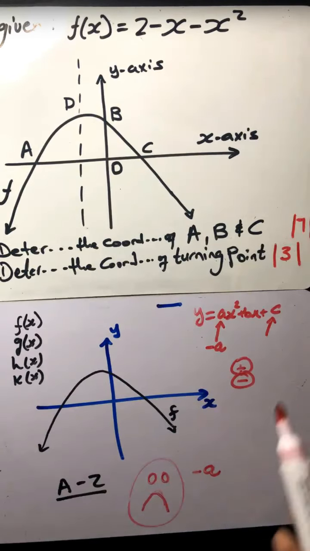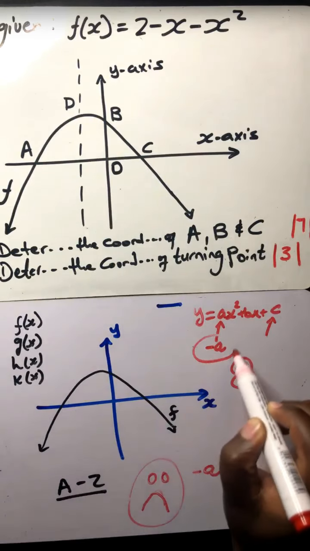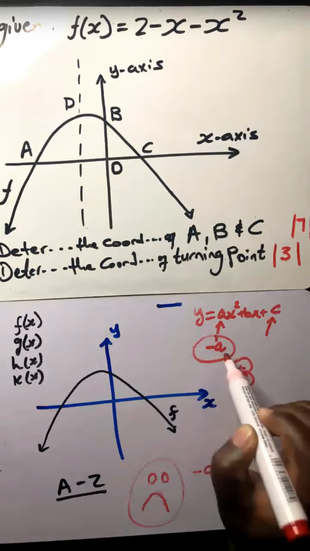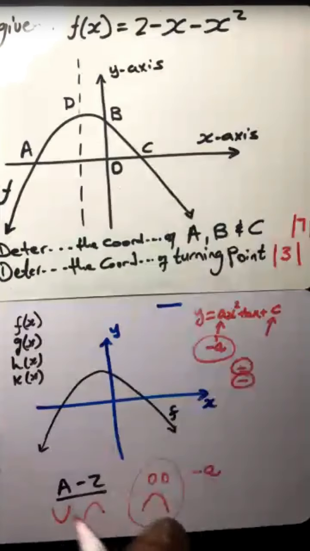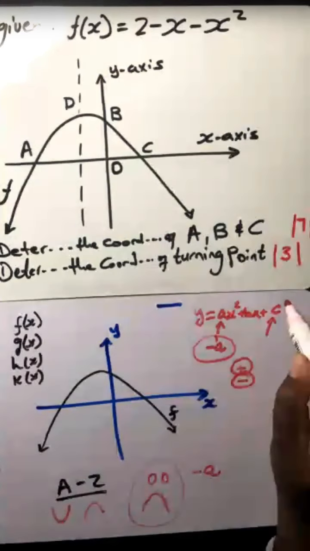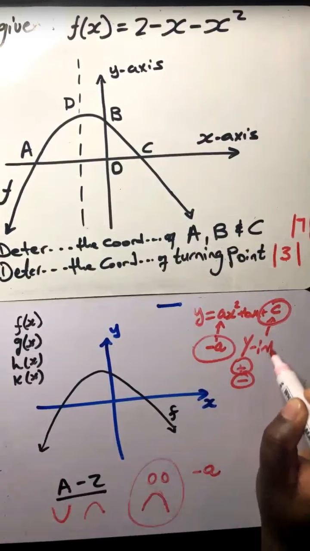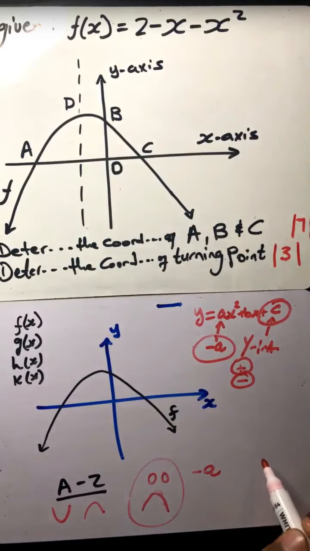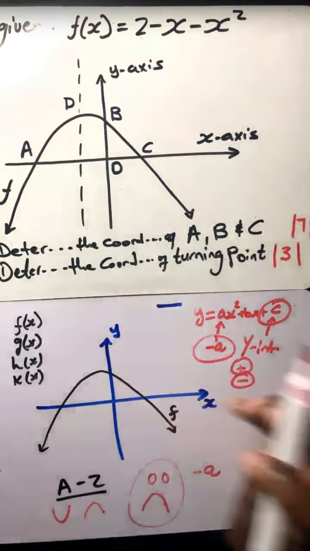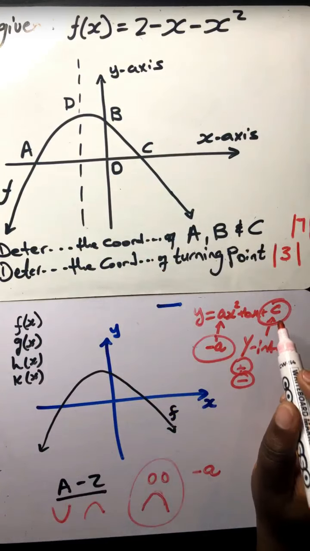Remember, guys, we said the A value tells us about the shape of the graph, if it's going to be a sad or a happy shape. The C value tells us about the y-intercept. Never forget this, guys.